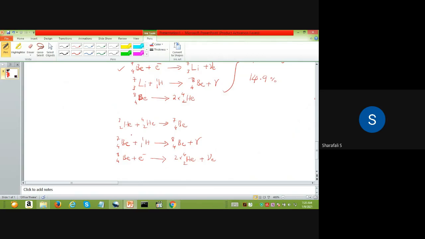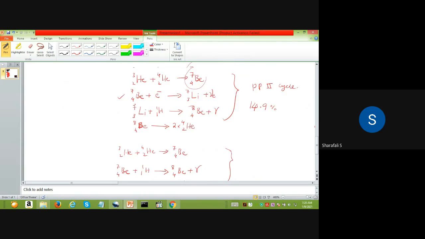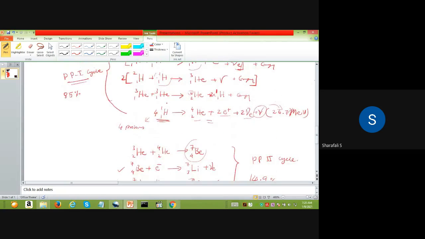Okay. So when you write these steps, you can start from the proton itself, where it is changing. So from here onwards, we are going to get that change.